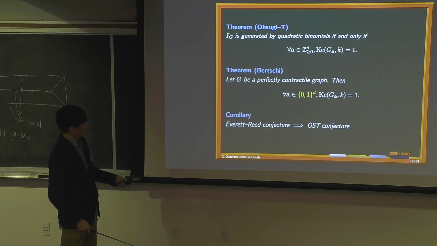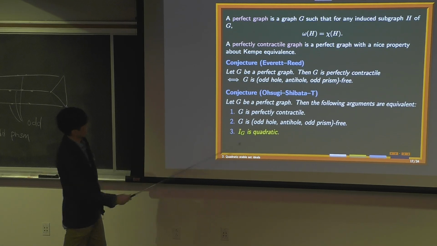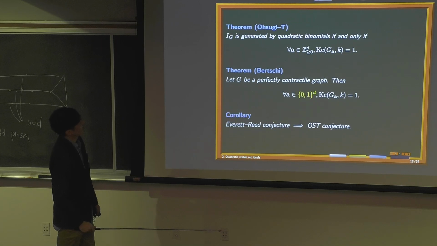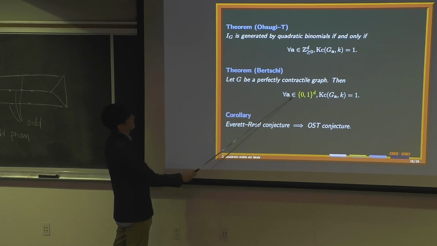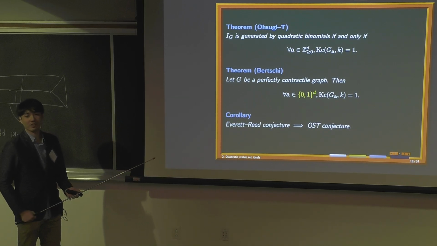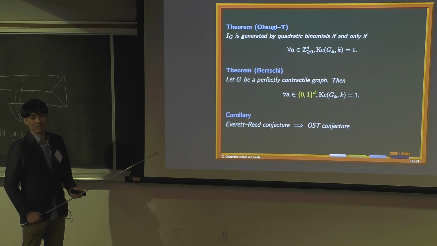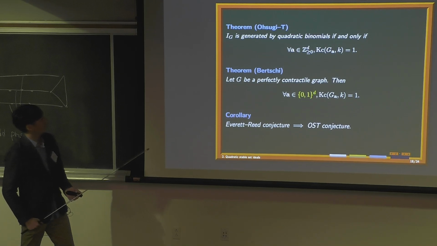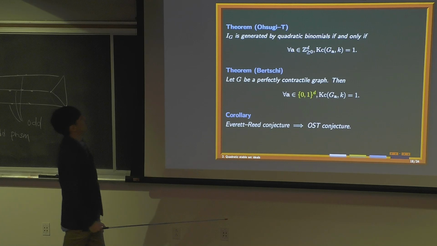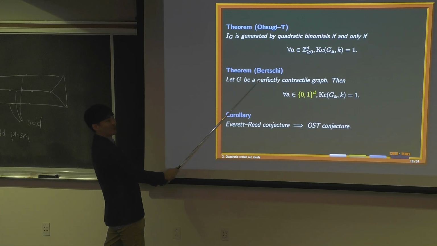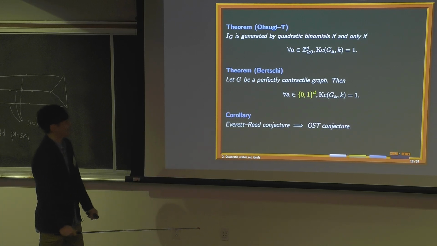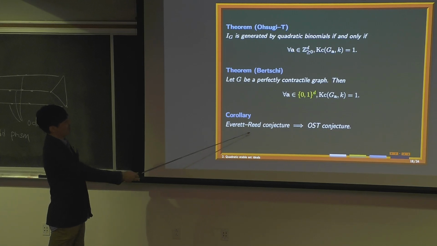So our conjecture means we can extend this property to all replication graphs for perfectly contractile graphs. Moreover, by combining these two theorems, we can show the following.